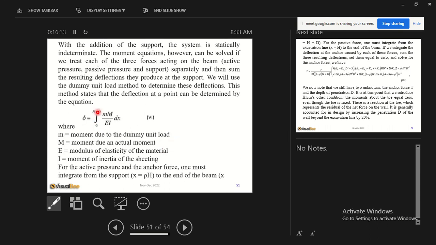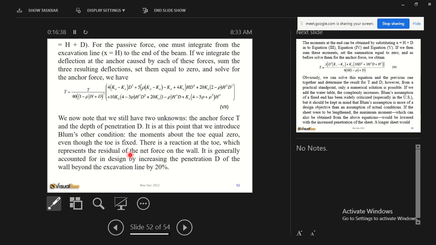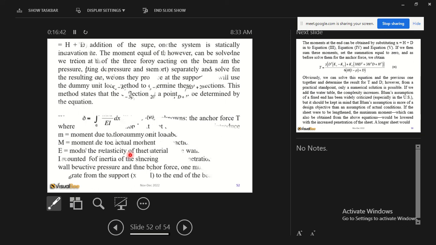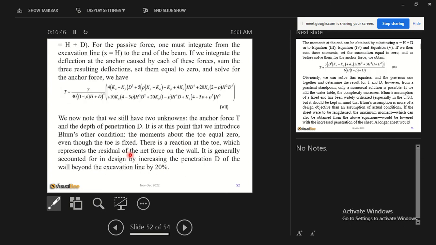For the active, you integrate from 0 to H plus D. For the passive, you integrate from 0 to x equal to H, to the end of the beam. We integrate the deflection of the anchor caused by each of these forces, sum the three resultant deflections, set them equal to 0, and solve for the anchor force.